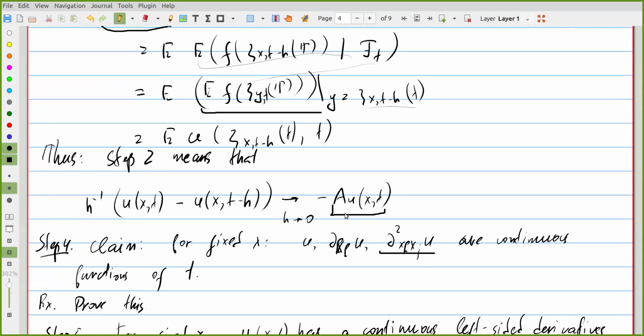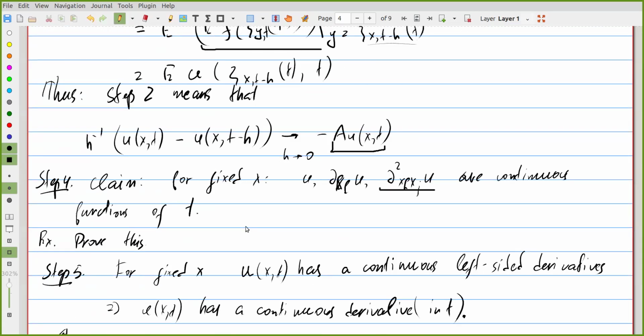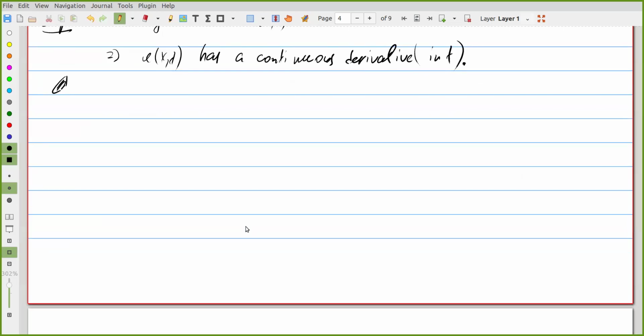Now, using pretty much the same technique, maybe with some additional estimates, one can actually prove that solutions of stochastic differential equations are diffusion processes in the sense of Kolmogorov. I'm not going to formulate this result.